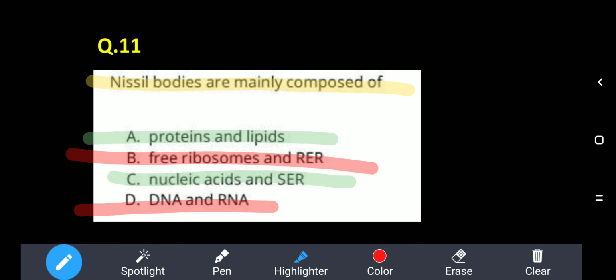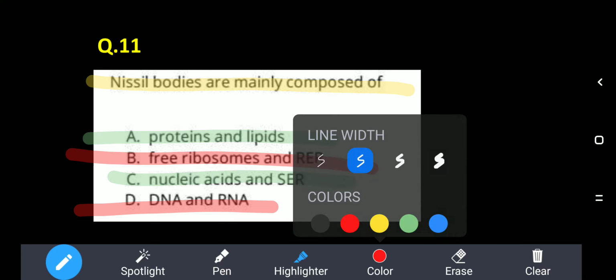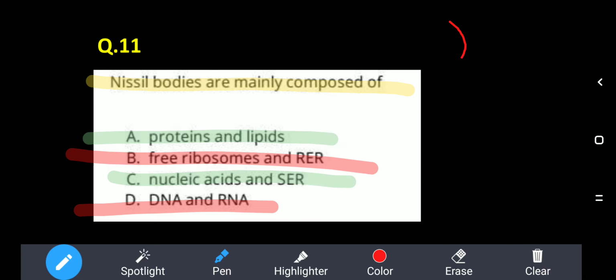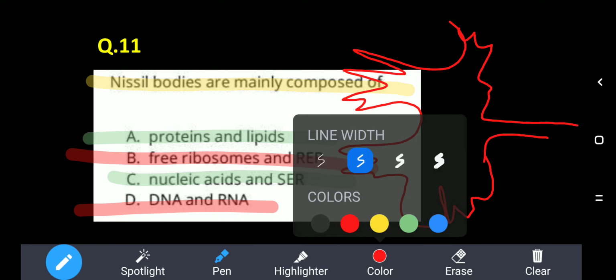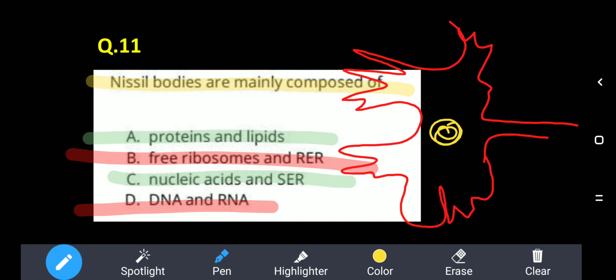What exactly is a Nissl body? It is present in the neurons. This is the central nucleus, and surrounding it, in the cell body of the neuron, we have some structures present, and these structures are nothing but Nissl bodies.